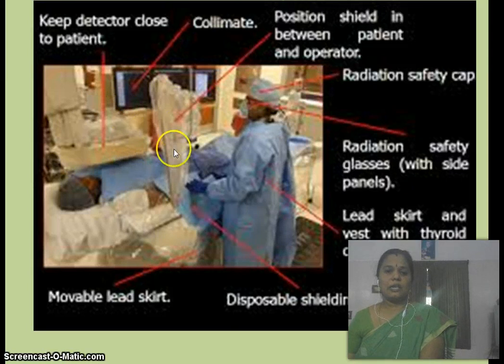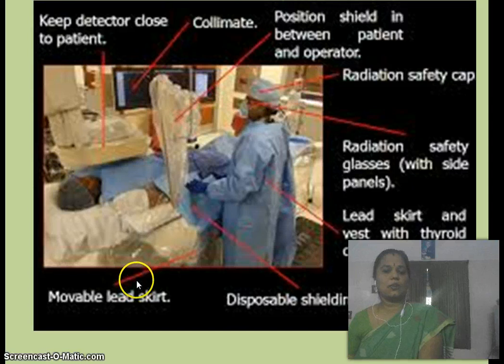And here you can see a shield between the patient and the operator, and the technician is wearing radiation safety caps, radiation safety goggles, lead skirts and lead aprons, especially with thyroid collars. And here you can see some disposable shielding and moving lead skirts. So with all these precautionary measures, nuclear medicine can be used for therapy with care.